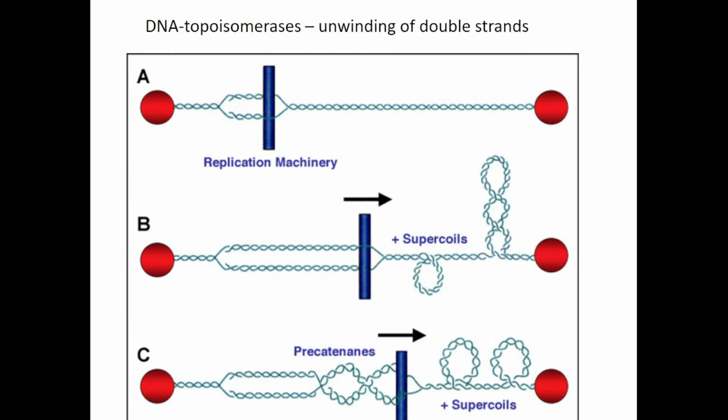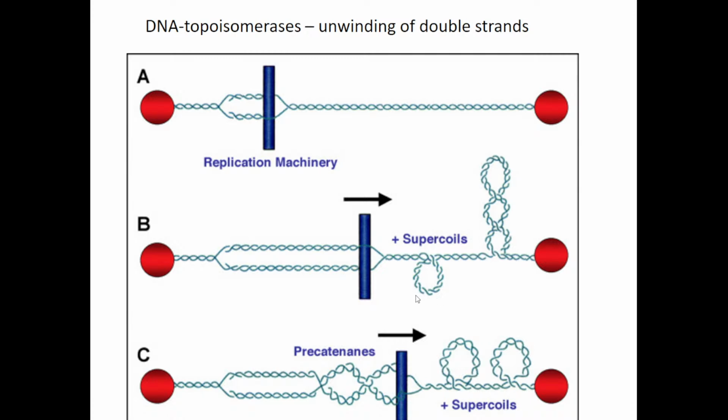The next problem. If there is movement in only one direction, ahead of the replicated system there will be forming of coils and supercoils. This would destroy the possibility of replication.